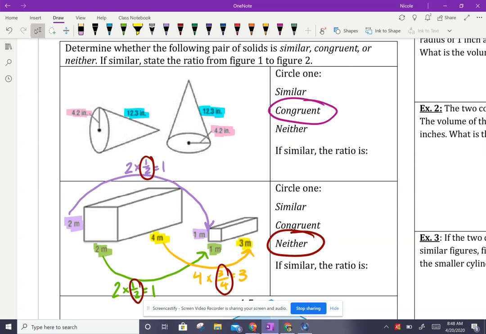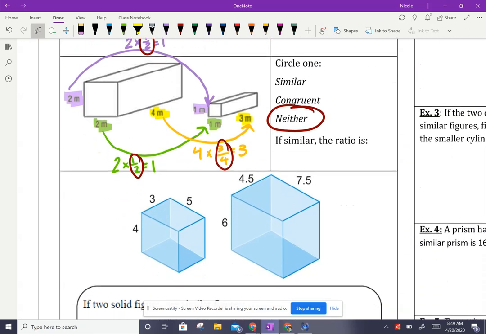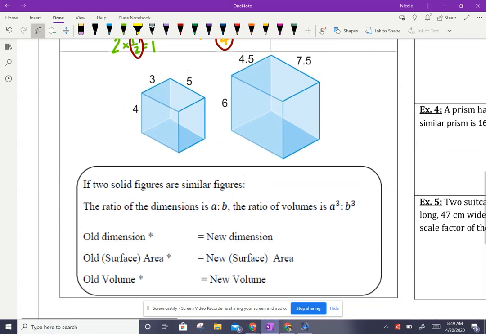So if I was looking for something that was similar, we would have a similarity ratio. So let's look at another problem, see if we can find that ratio. If I look at these prisms, I'm going to compare sides. So I'm going to take that 3 and match it up to 4.5.